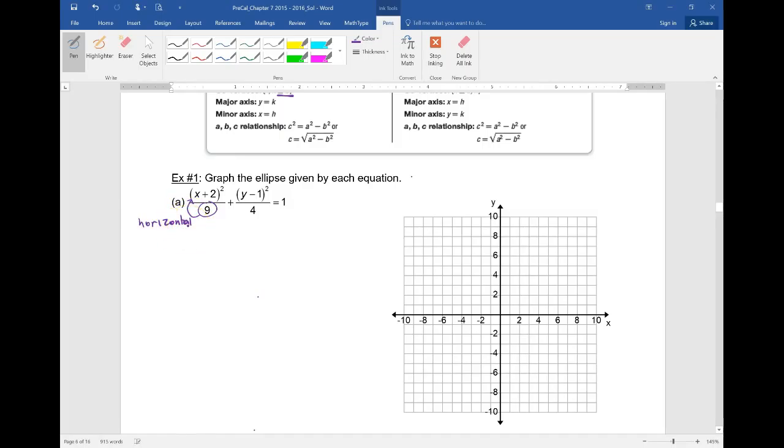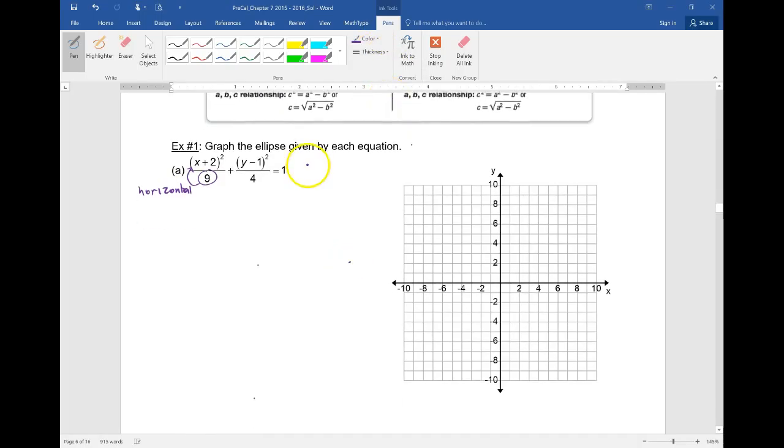Now, I need to graph this, but first I need to figure out all of the different points. Okay, what is the center of this ellipse? It's -2. You take the opposite sign. -2, so H comes from here, -2, and K comes from here, +1. That's the center. So at -2 and +1, I have a center.